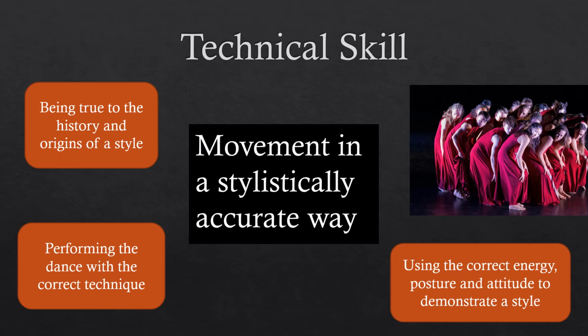Okay, so let's take ballet for example. When you're being true to the histories and origins of the style, you're performing with the correct technique, performing within the positions that are learnt. Performing with the correct technique is going to be accurate to that style. You're not changing the style, you are being technically accurate. So you're using the correct energy, the correct posture, the correct attitude.